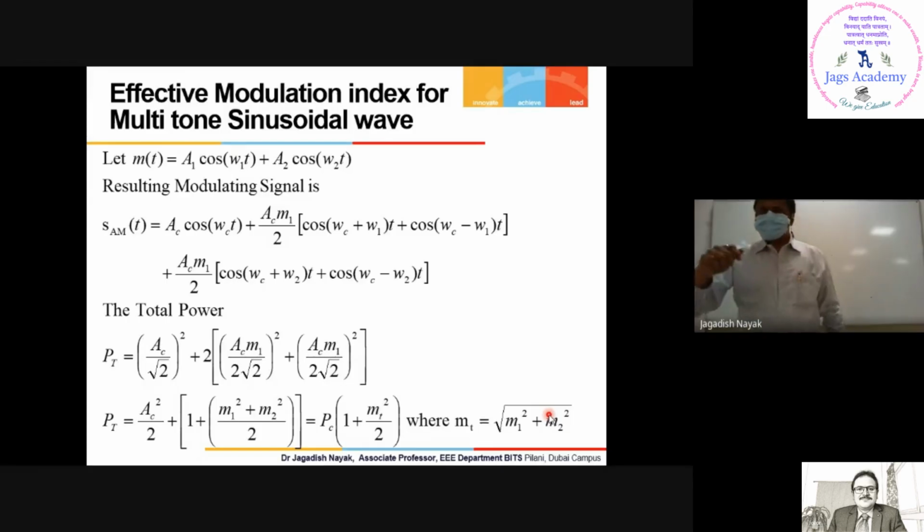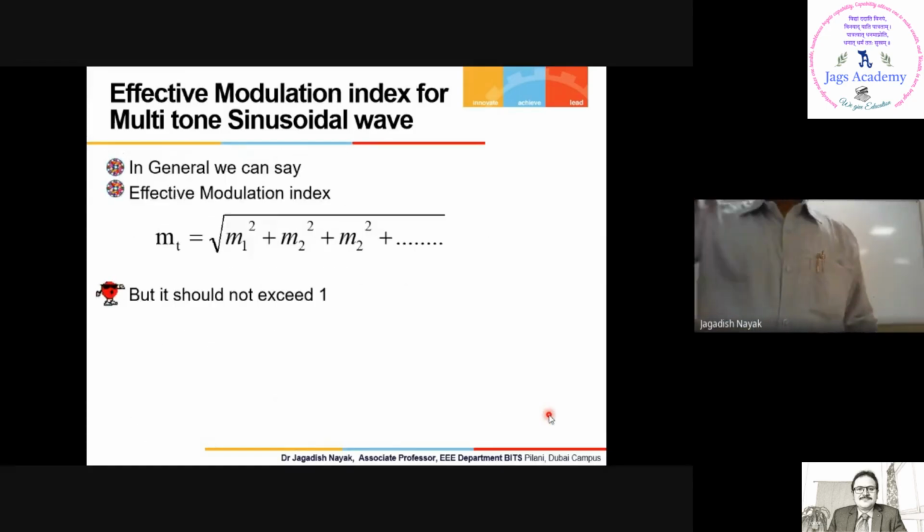In the general case, the effective modulation index mt is equal to the square root of m1 square plus m2 square plus m3 square plus m4 square and so on. So whenever you are given a question where the signal has multiple frequencies with multiple amplitudes, you will have to use that particular modulation index and then substitute it.